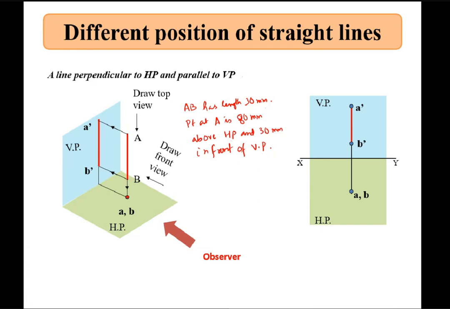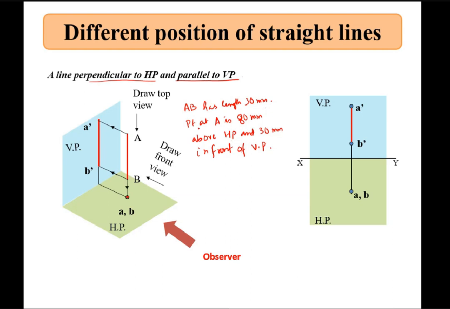Please pay attention carefully. In a question, it is given to me that I have a straight line AB which is perpendicular to HP and parallel to VP. It is given that AB has length 30 mm, the total length of the straight line AB is 30 mm.